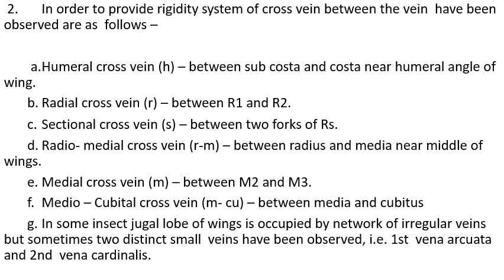The third one is the mediocubital cross vein. This is a cross vein extending from media to cubitus, usually near the center of the wing. It is designated by the abbreviation m-cu. When in its typical position, this cross vein extends from a point near the base of M3, M4 to a point near the base of CU1.